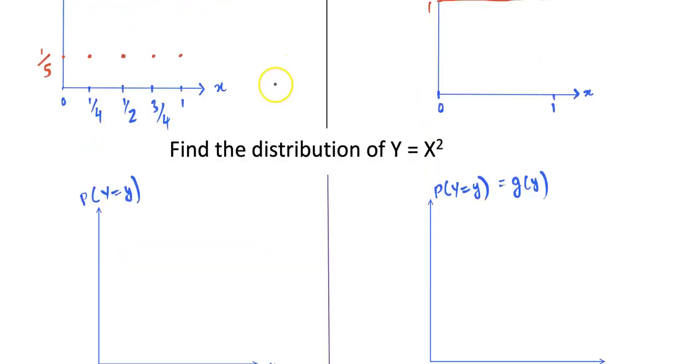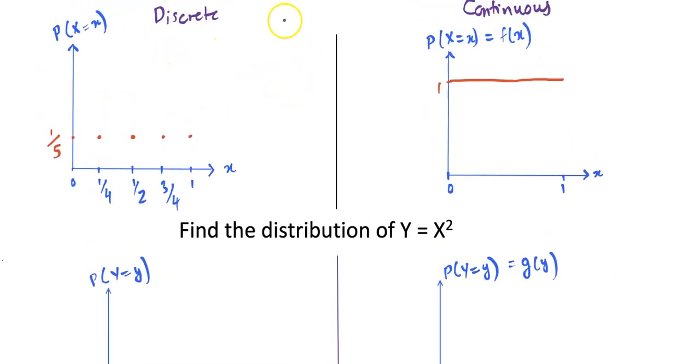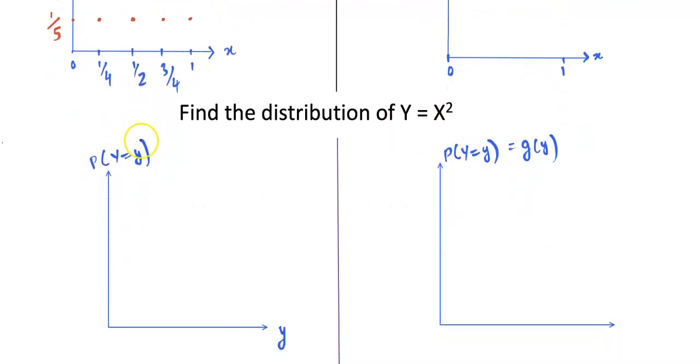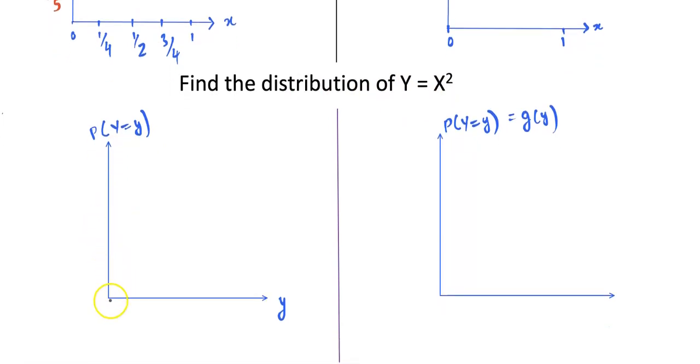So let's consider the first case. We have a discrete distribution here, the random variable x, and we want to find the distribution of the square of x. We can start off by observing that when x takes the value 0, y, which is the square of x, would also take the value 0.